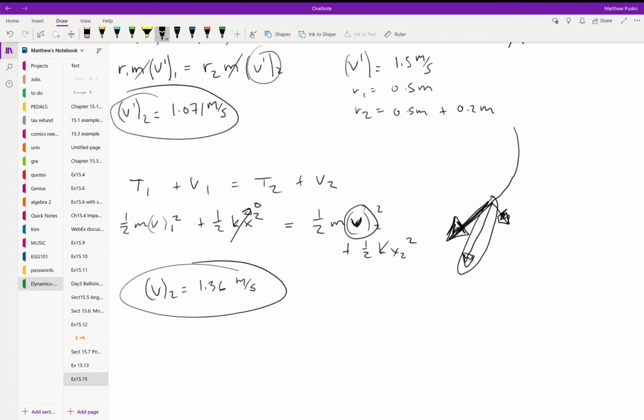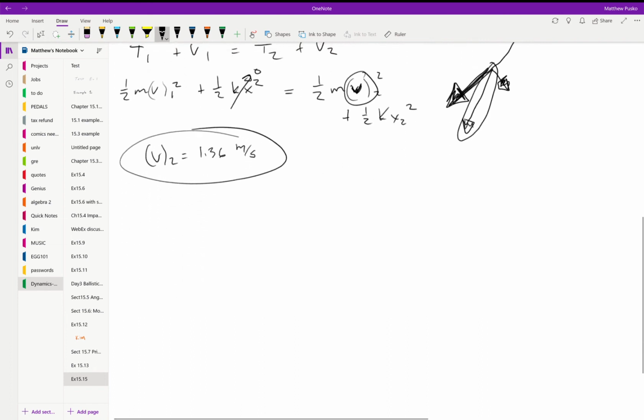Alright, we're not done just because we got to take that triangle. This is our velocity, this is v.